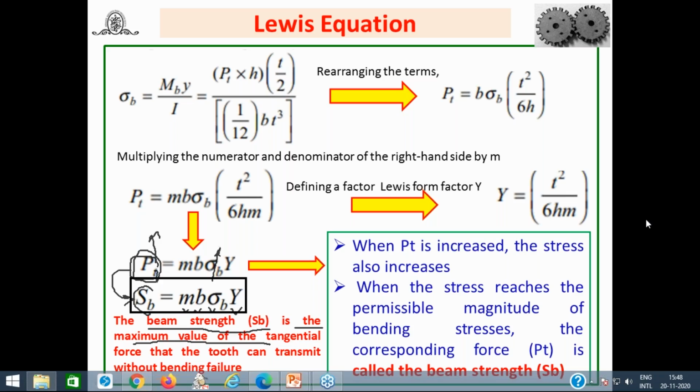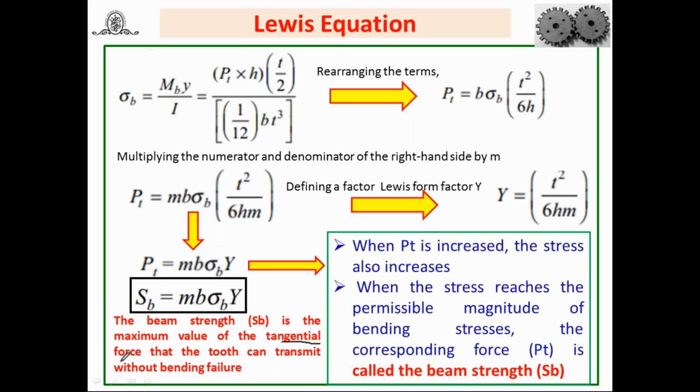Therefore, beam strength SB is the maximum value of tangential force that the tooth can transmit without bending failure. So simply, how are we going to define SB? The SB or beam strength of a spur gear tooth is the maximum value of tangential force that the tooth can transmit without bending failure.